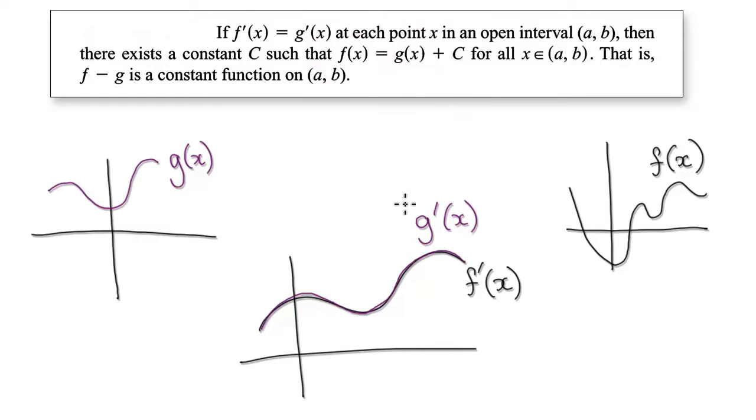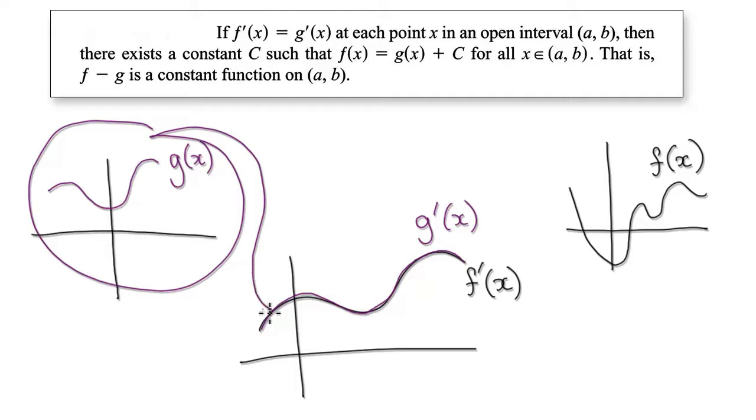Let's just imagine we've got this situation here where the two gradient functions are exactly the same. What this is saying is, how do we know that there doesn't exist a function out there that, when you differentiate it, gives you g prime of x?